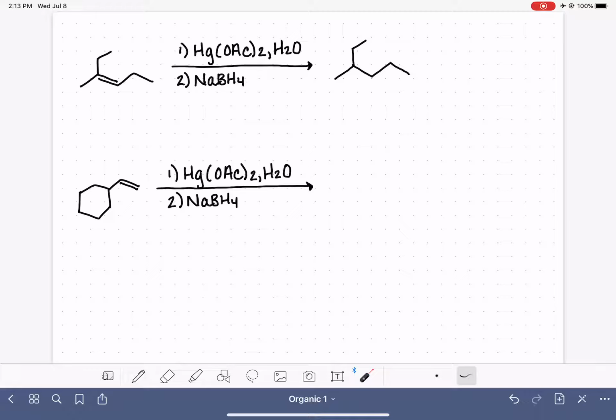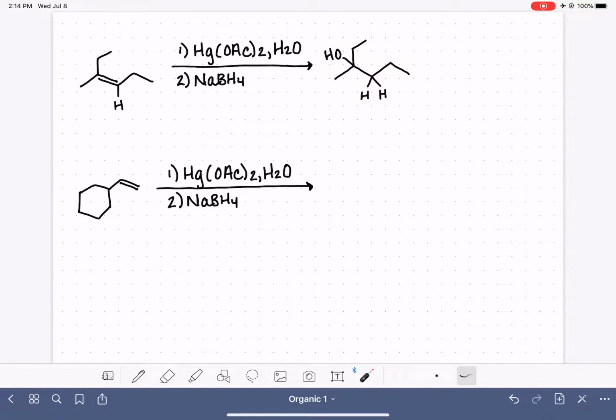We're going to follow Markovnikov's rule, which means that we should understand how many hydrogens were originally on each carbon. This carbon had 0 hydrogens, this carbon had 1 hydrogen, which means that our new hydrogen from the water molecule will be added to this spot right there, and our OH group will go here. So this is the constitutional isomer version of the product.